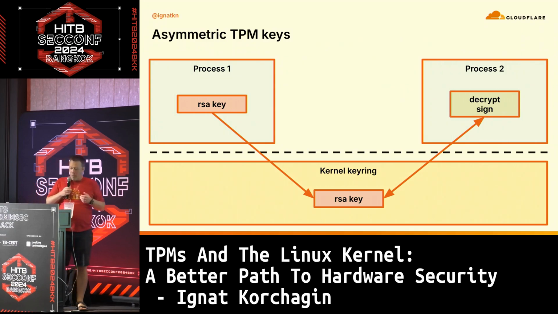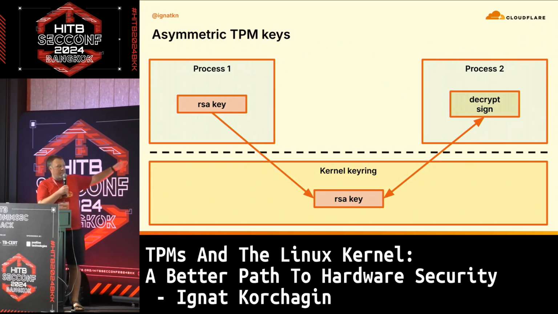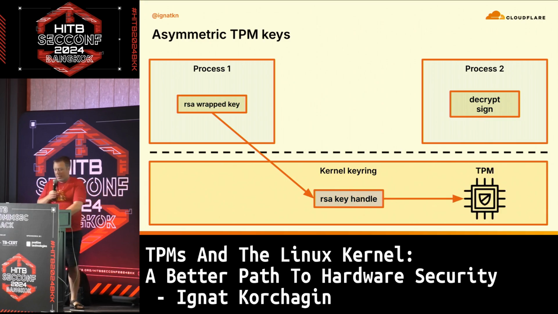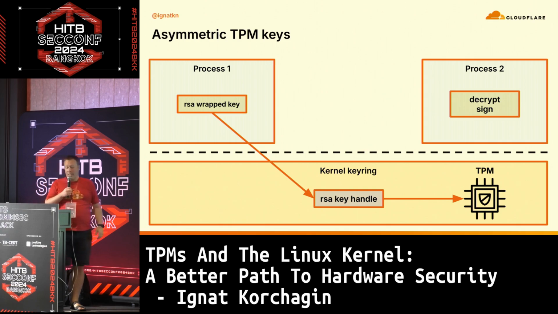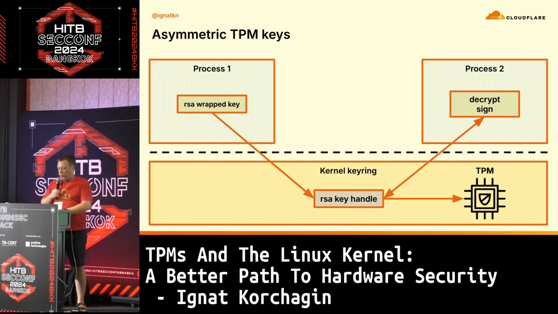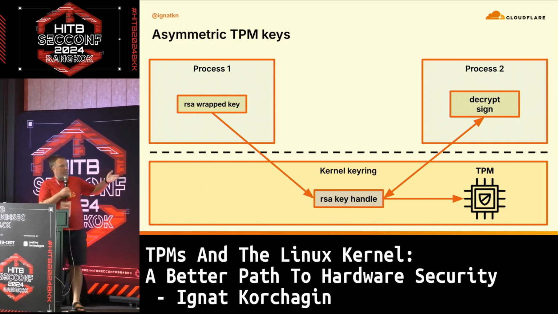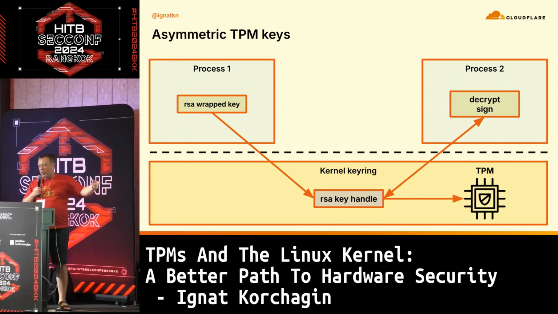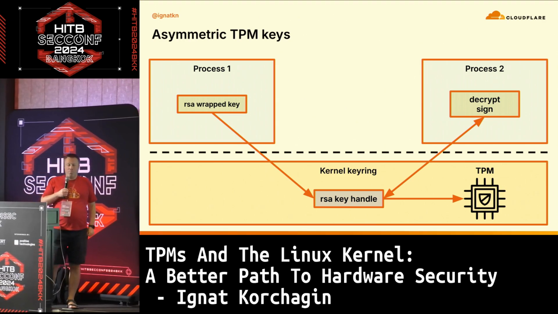But when it is, the way it would work is you have a similar system as a software RSA key, but instead of a software RSA key, you will have a key handle inside the kernel, and the kernel will not do the signature or decryption itself, but will just defer to the TPM to do this operation.